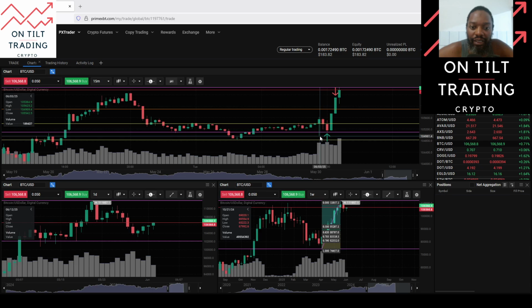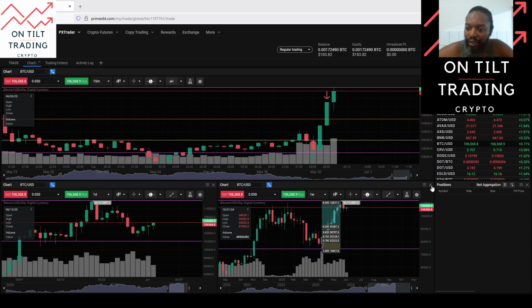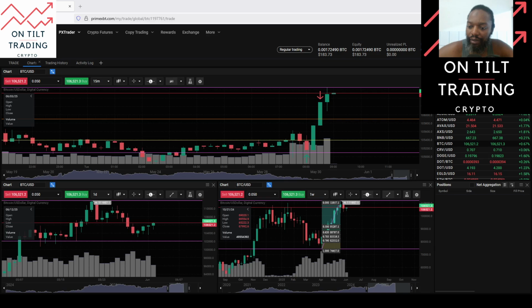So what I was seeing here is this candle where Bitcoin puts in a wick, but finally closes above this pre-market structural range. This candle here struggled to close above and failed to.